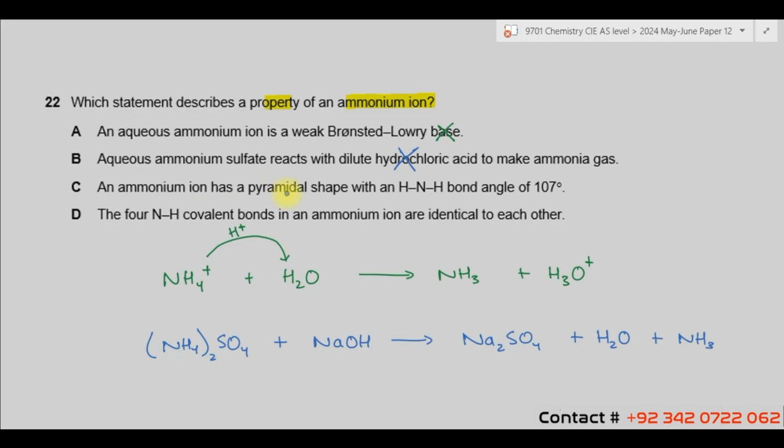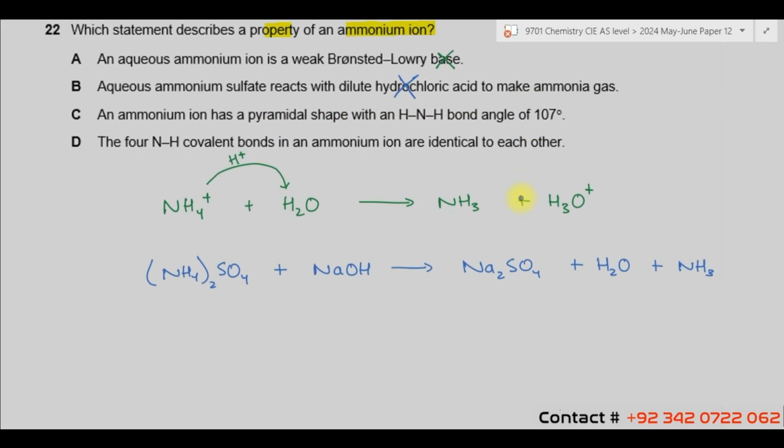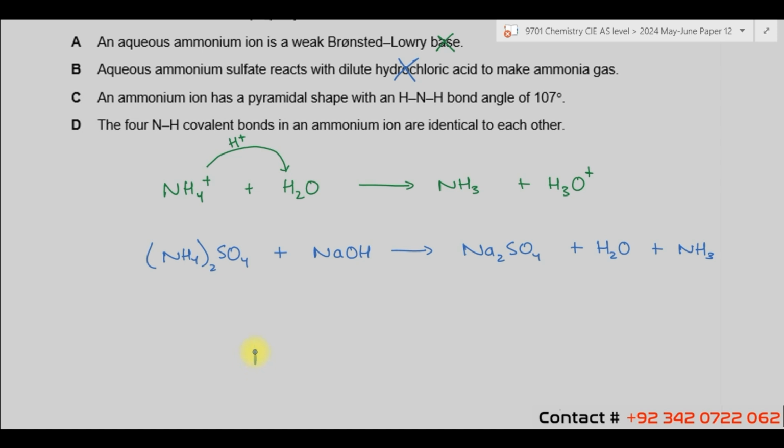An ammonium ion has a pyramidal shape with a bond angle of 107 degrees. So ammonium ion is NH4 positive, 3 are covalent bonds, and we have one coordinate covalent bond with electron deficient hydrogen. So in total, overall charge is positive.